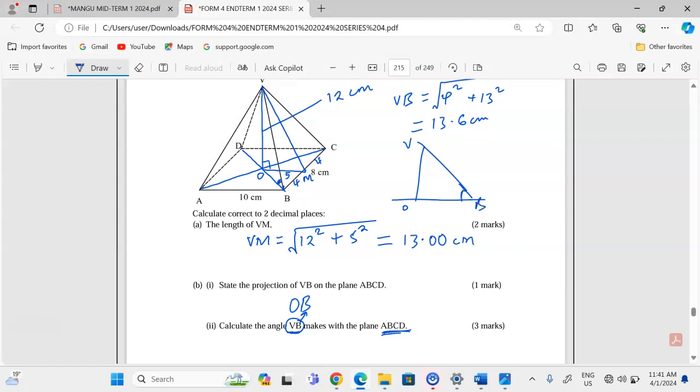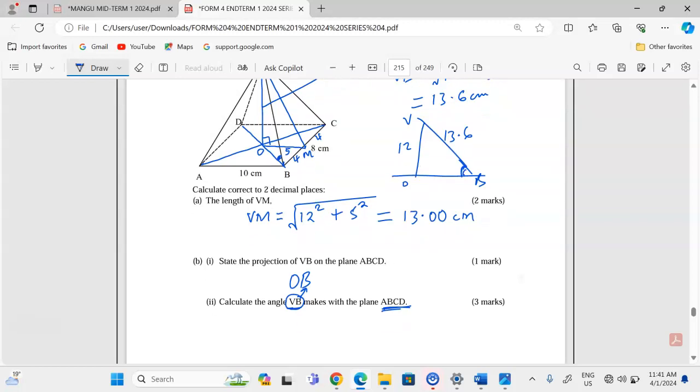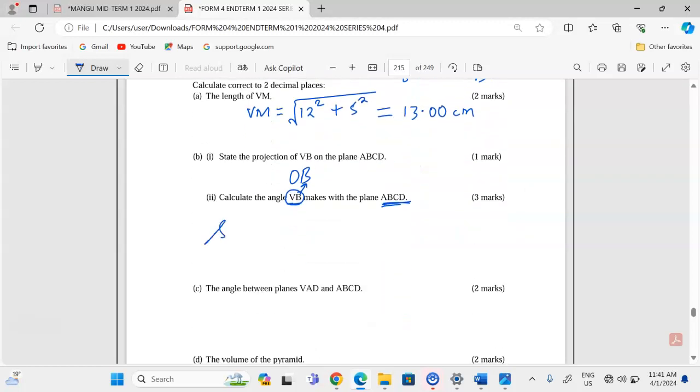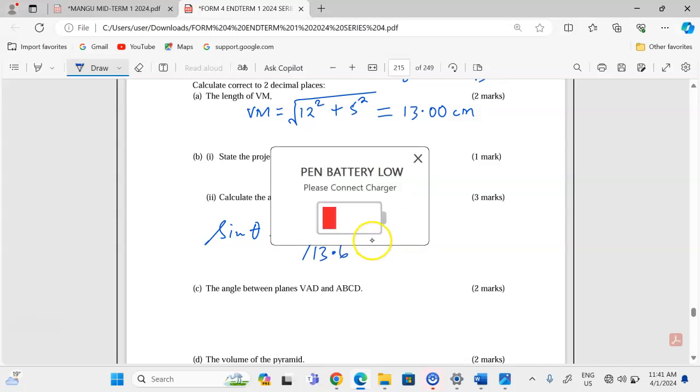Now with the triangle VOB, remember we need this angle. I'm having 13.6 and I'm having a 12. Therefore, I can get this angle comfortably by using the sine of an angle. The sine of angle theta is opposite over hypotenuse.